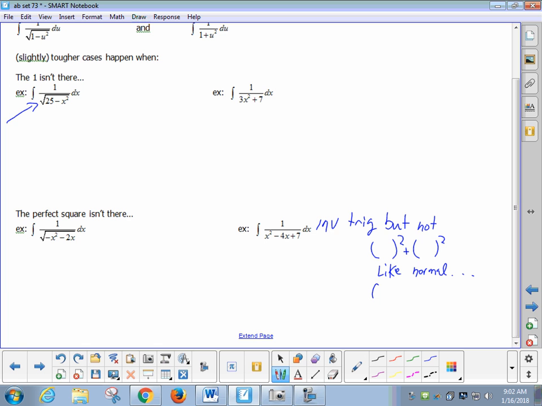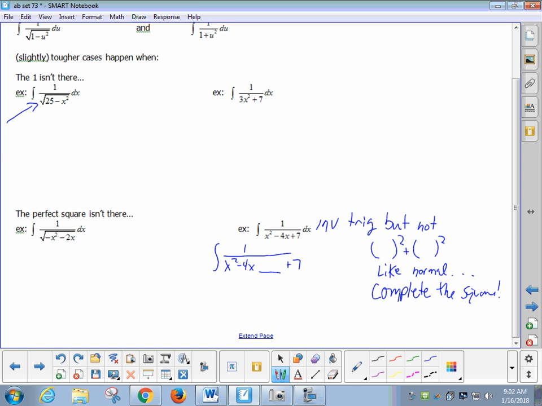You complete the square. So, let's see how rusty you are at Algebra 1 skills. The idea on completing the square is it's not factorable into a perfect square with the 7 there.